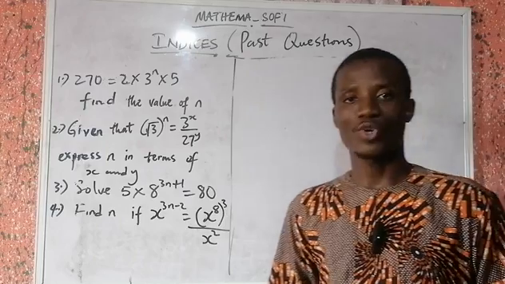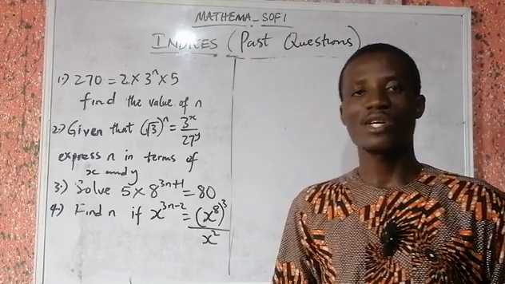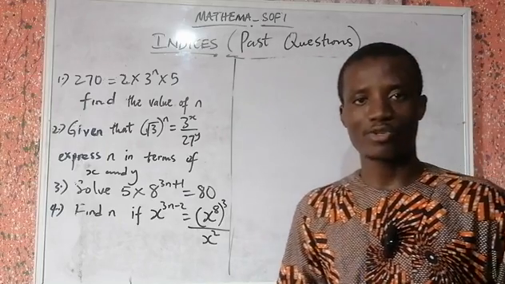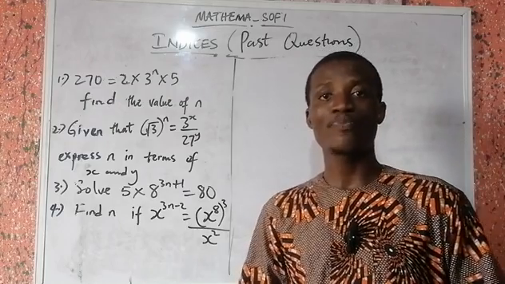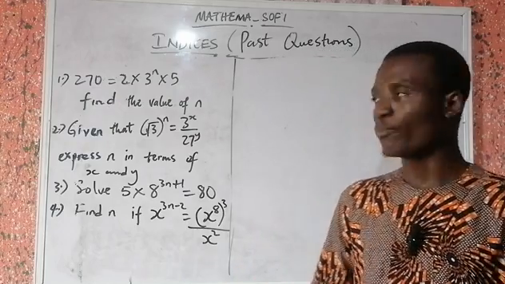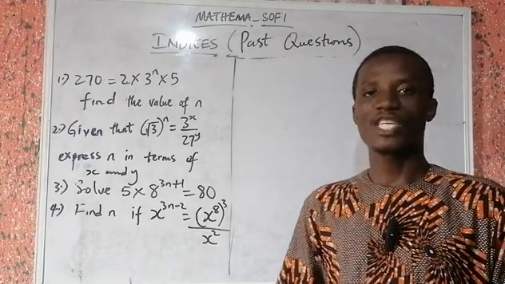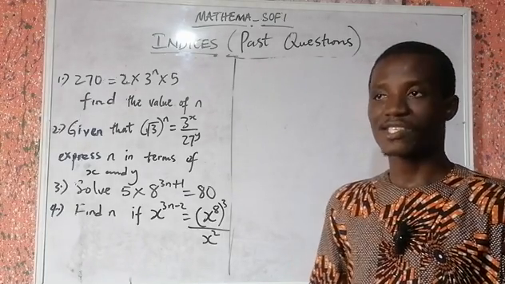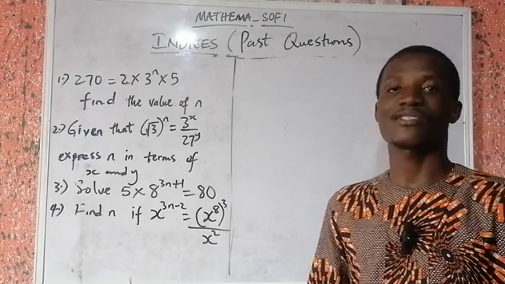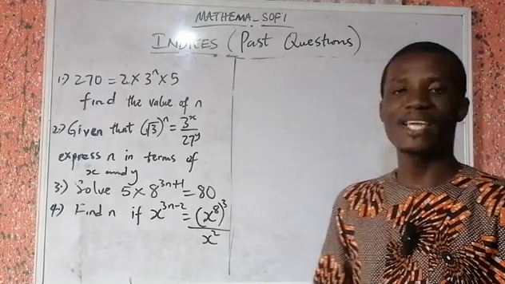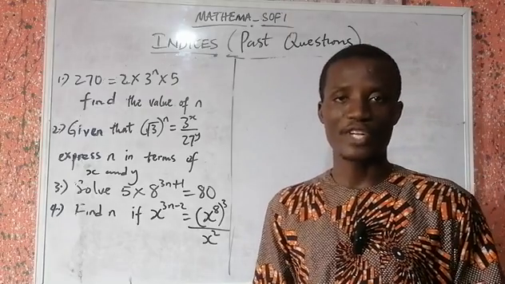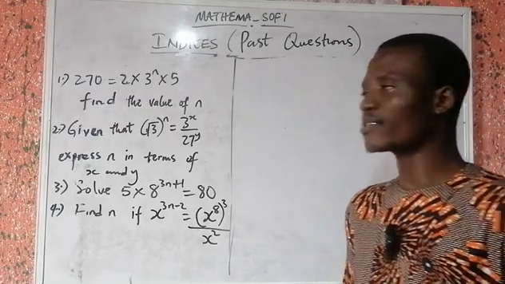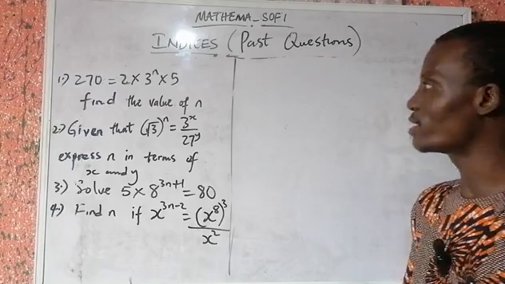In the last class, we had some questions that were basically expressions, and the only thing we did to those questions was to simplify them. But today, we have indices equations where we need to find answers to some variables stated. So let's dive into question 1.